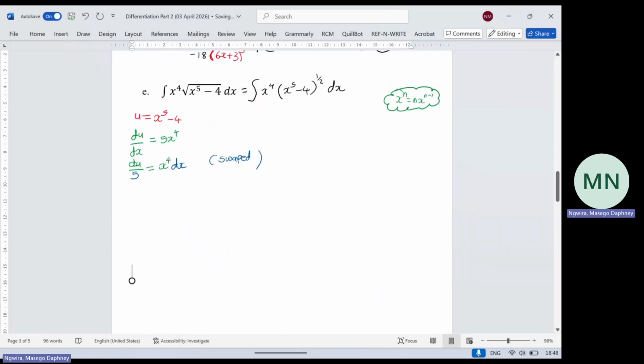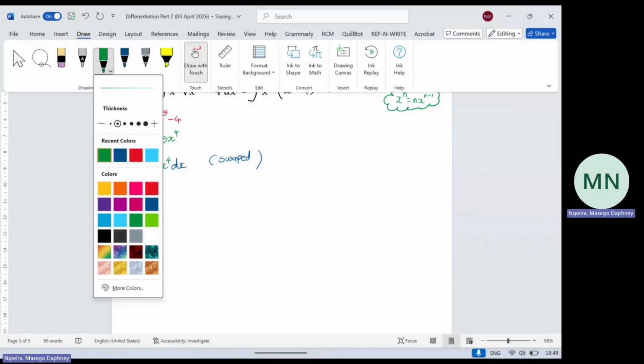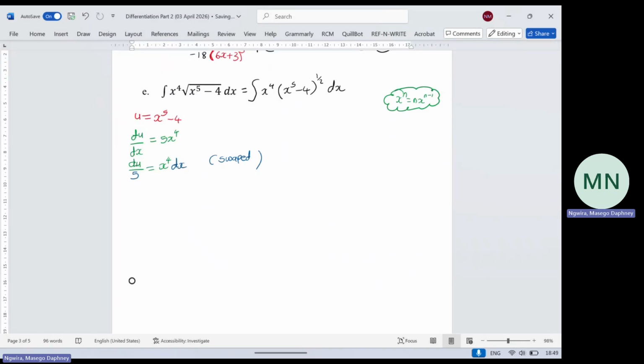Because I've done these other steps, I'm not going to repeat them. So now we integrate. The integral of x to the power of 4, then x to the power of 5 minus 4, to the power of 1 over 2, dx. Now we are substituting, one at a time.